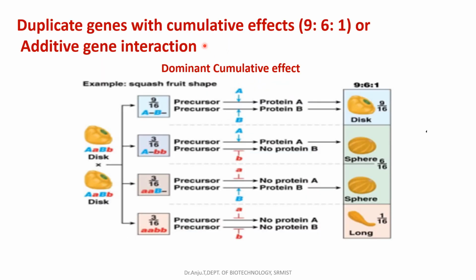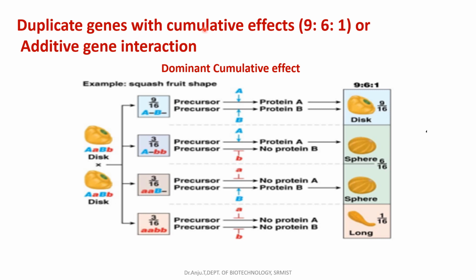The next gene interaction is duplicate genes with cumulative effect. So here the action is of duplicate genes. Two genes are there, so let us take two genes A and B. Both are going to produce the same product. Duplicate genes are two gene pairs with identical function.